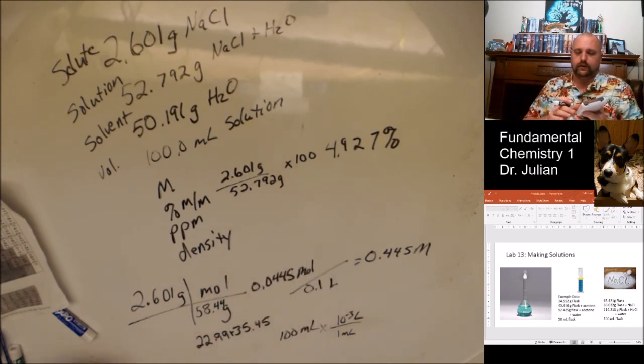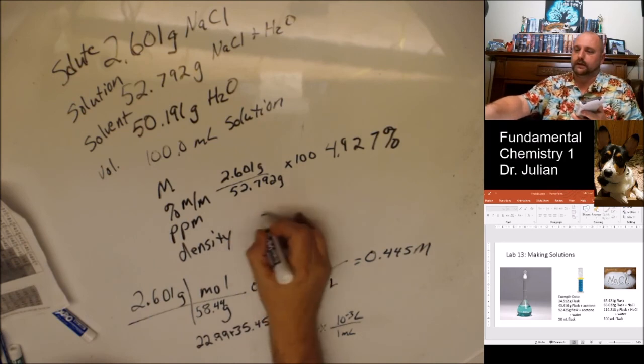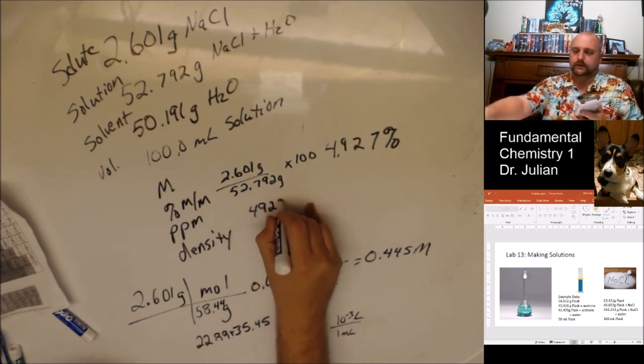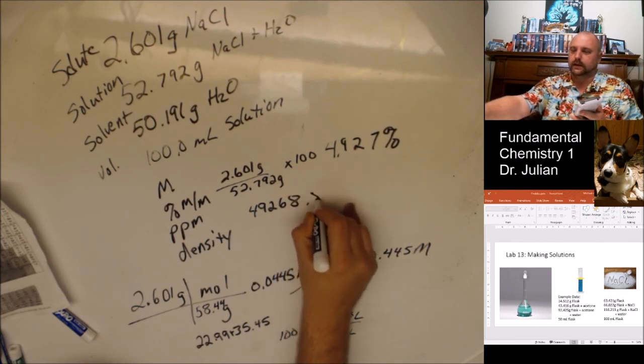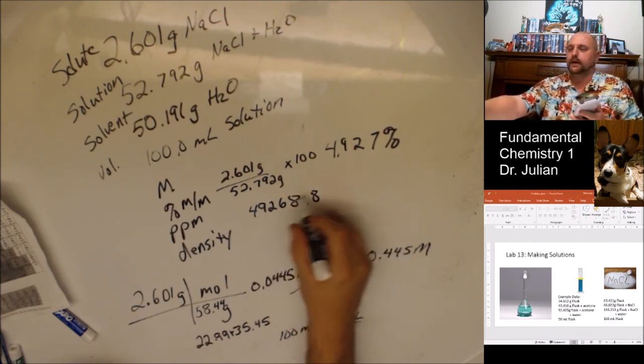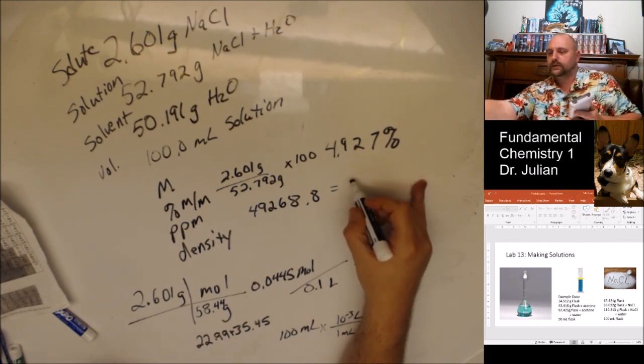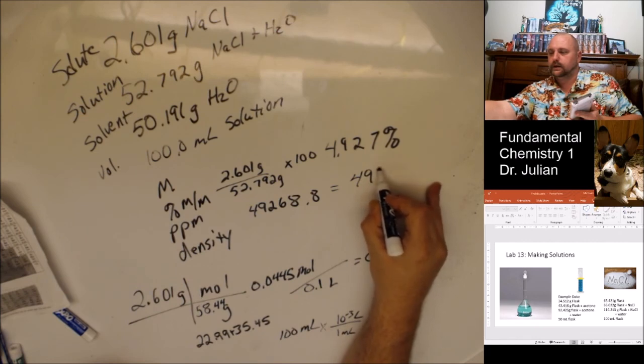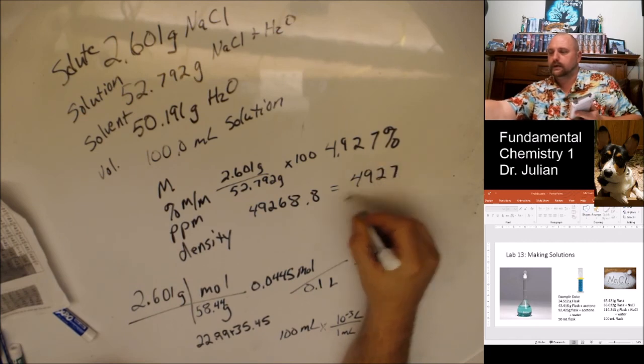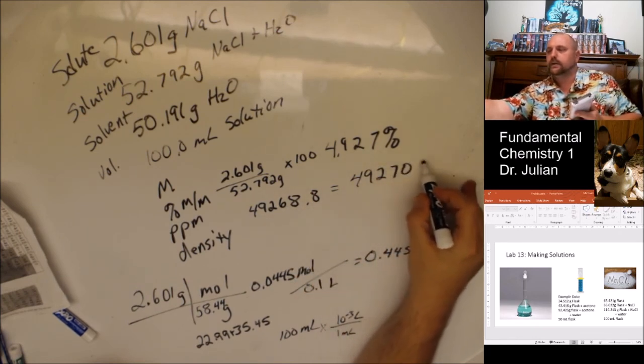Then the ppm, since it's the same first part, I'm going to go back up to that answer, 0.049, and multiply that by E6, so I don't have to retype it in. This would be 49268.8. Should be a big number. Then I'm going to set that equal to 4 sig figs, so 49270 ppm.